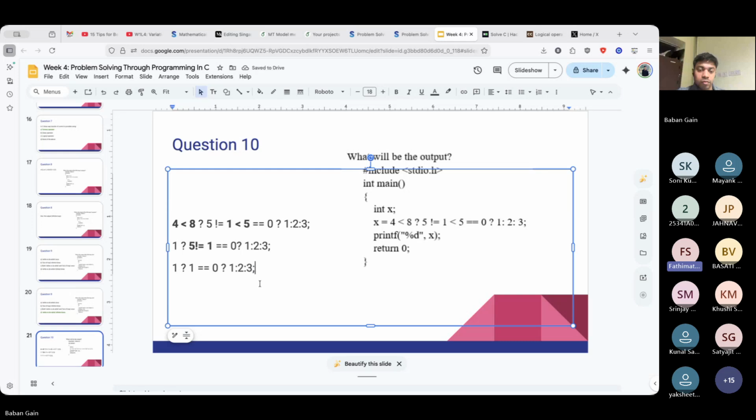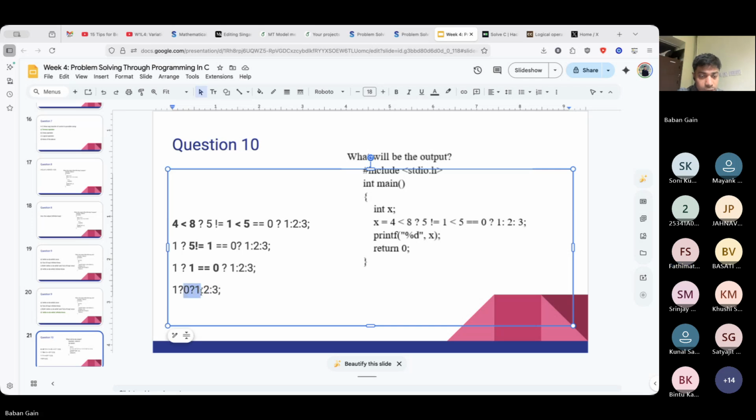Okay. Next step. Now 1 equal to 0 is false. So it returns 0. Then 1, 2, 3, right? Yes, sir. Next step. 0 gives false, so it doesn't give the value 1.